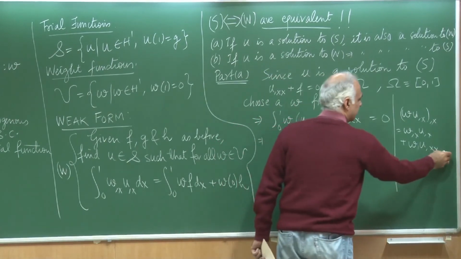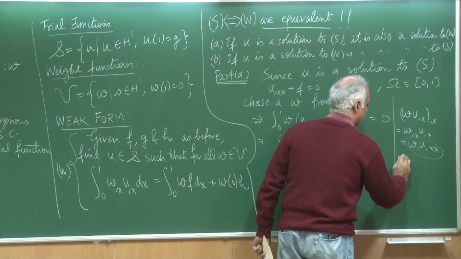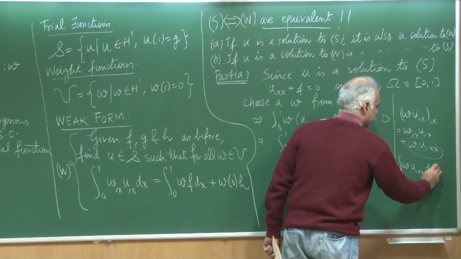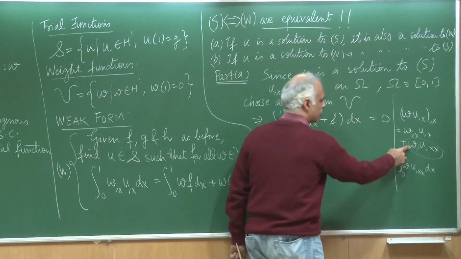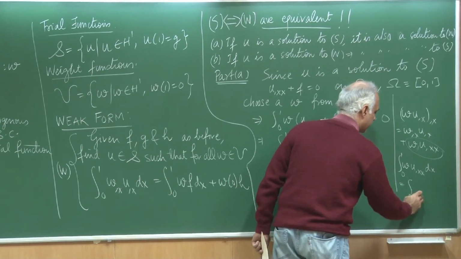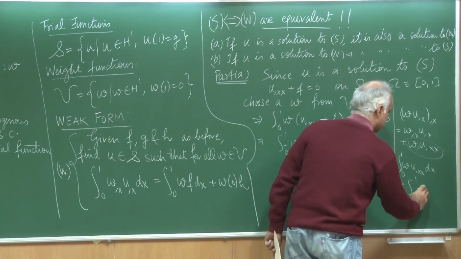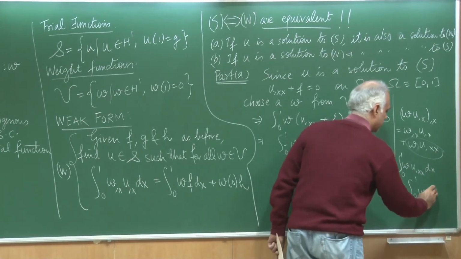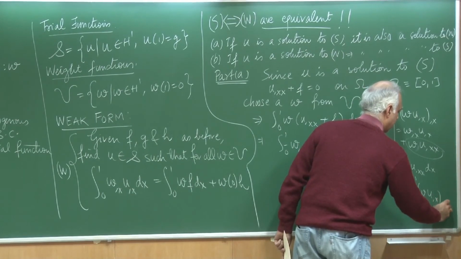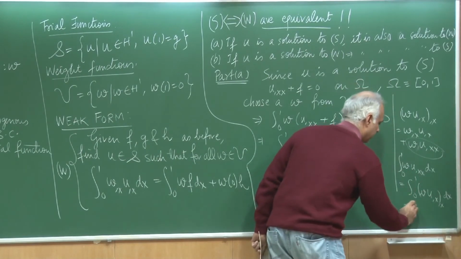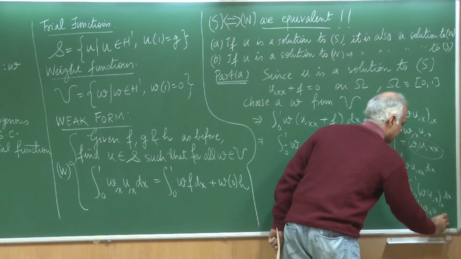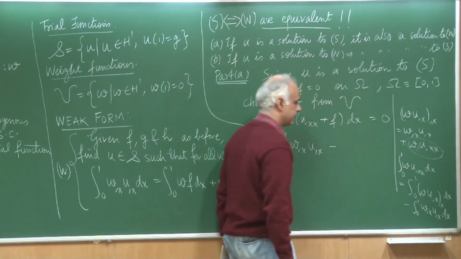This is the term that I am interested in. Therefore, the integral of W U comma xx dx from 0 to 1 is given as the integral of W U comma x, minus the integral from 0 to 1 of W comma x U comma x dx.